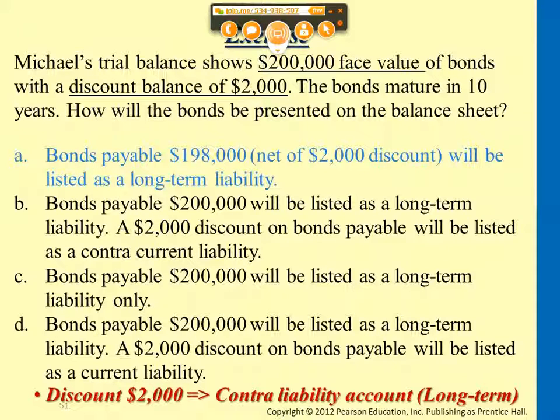It will be bonds payable at a net amount, subtract $2,000 of discount.